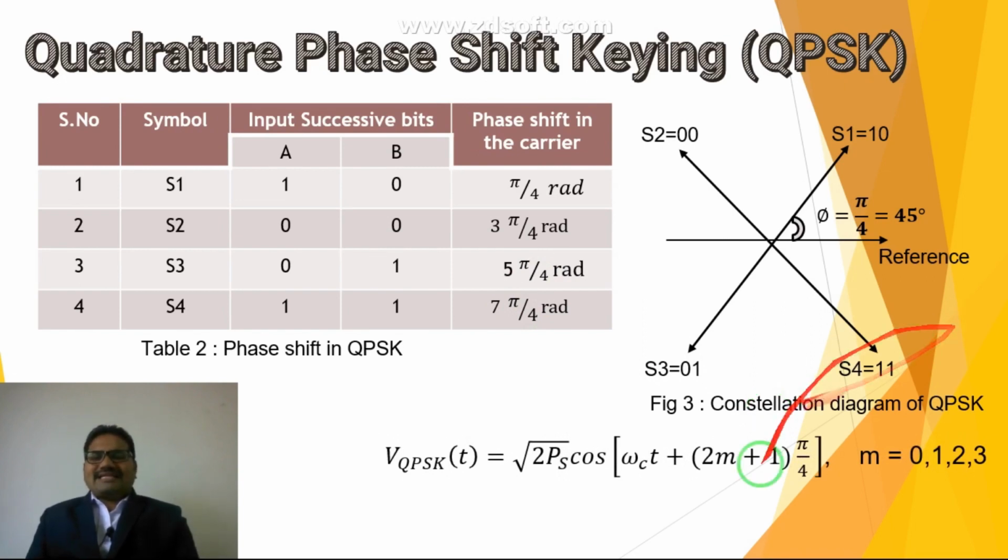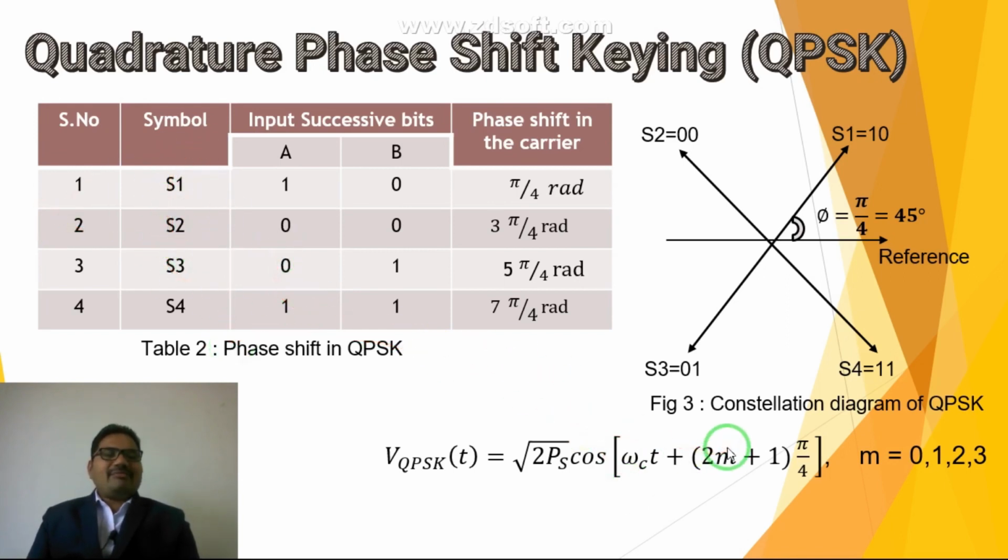So from this table, as we know, in the BPSK equation we have written b(t) root 2 Ps cos omega c t. Since b(t) represents 0 or 1, that is plus 1 or minus 1. But over here, there are 4 possible symbols.